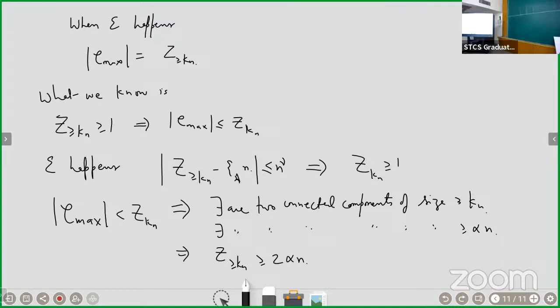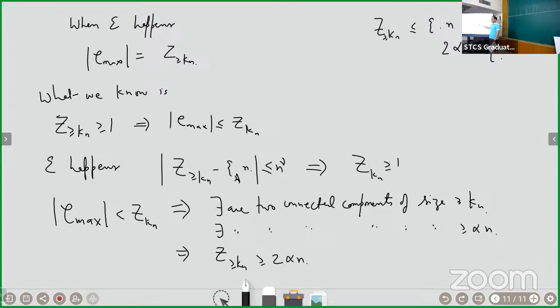If you remember, we already have shown that Z greater than or equal to K log n is less than Xi times n, with a fudge factor. Already shown this. You choose alpha, whatever alpha we're trying to show. Now, does this contradict this information? This is almost surely true. Alpha's choice is such that 2 alpha is greater than this.